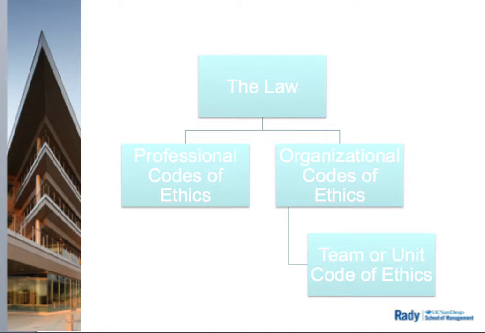Healthcare professionals' codes of ethics are really based fundamentally in the health of patients. But they all are going to also stem from the law and what they're legally required to ensure their employees and members do. And then oftentimes, an organization will have a code of ethics, and then a team or unit within that organization can have a code of ethics. And that's what we're doing in this class as well, although we are not really basing ours on the law.